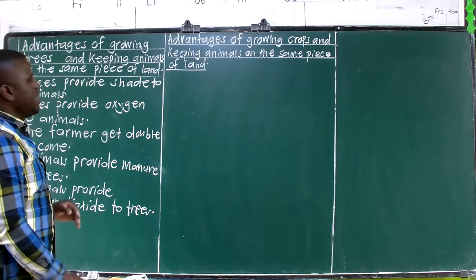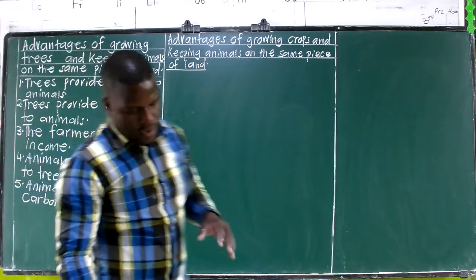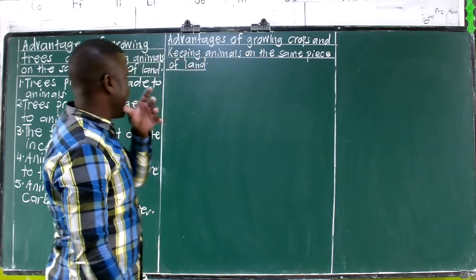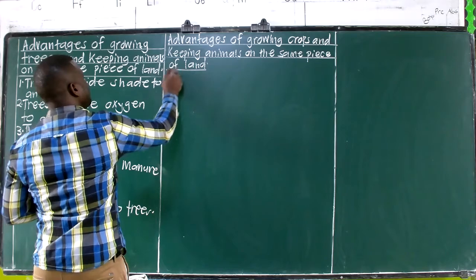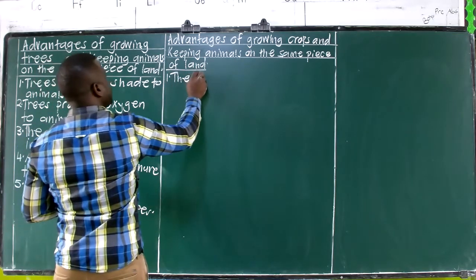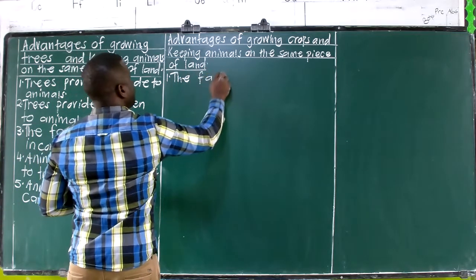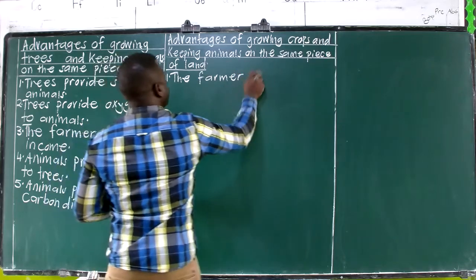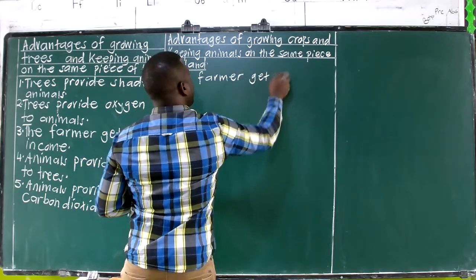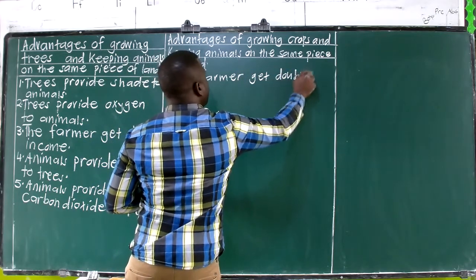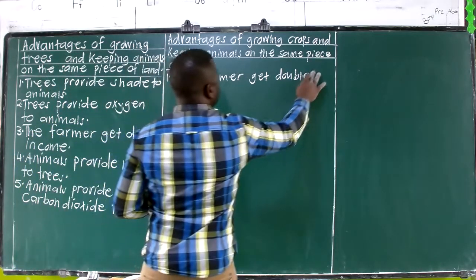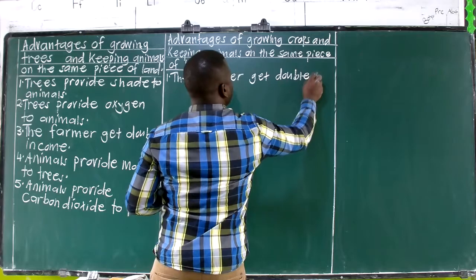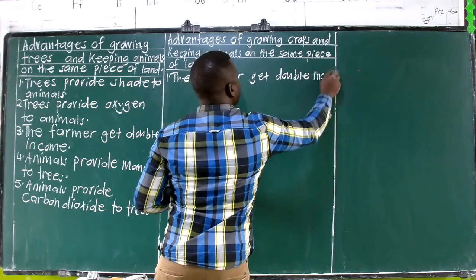What are the advantages when you rear animals and grow crops? One, the farmer gets double income. That's the first advantage. This double income is coming from animals and crops.